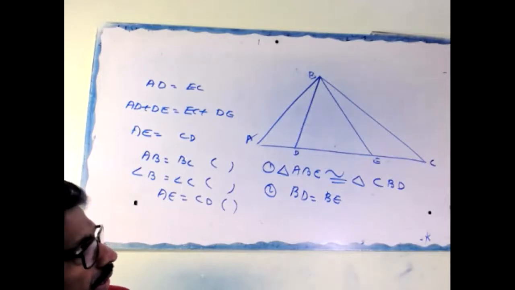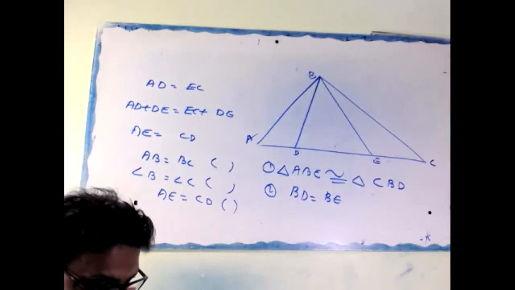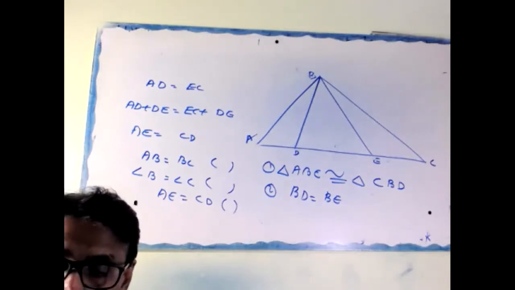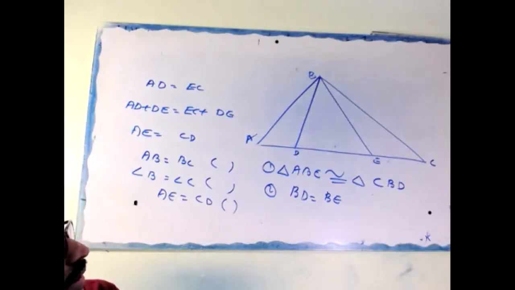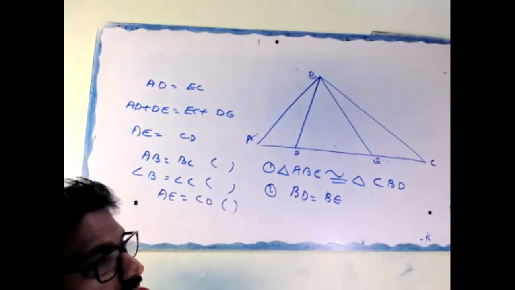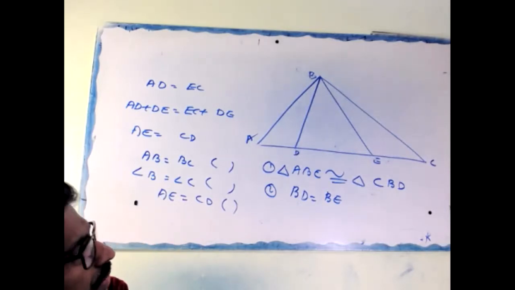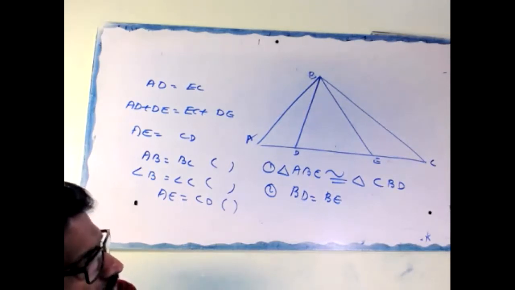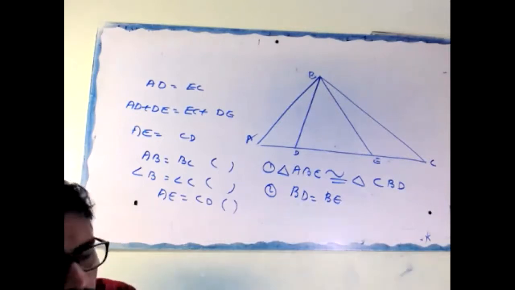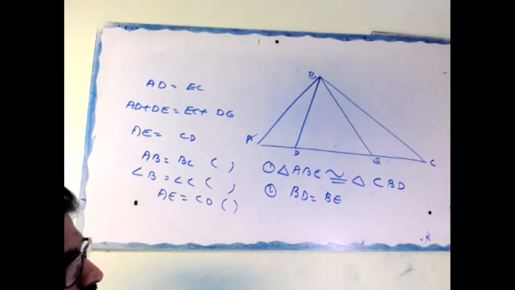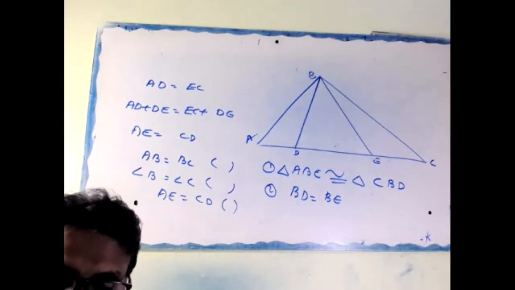Then AE equal to CD, proved. Therefore, triangle ABE congruent to triangle CBD, SAS congruency. Hence BD equal to BE, CPCT.